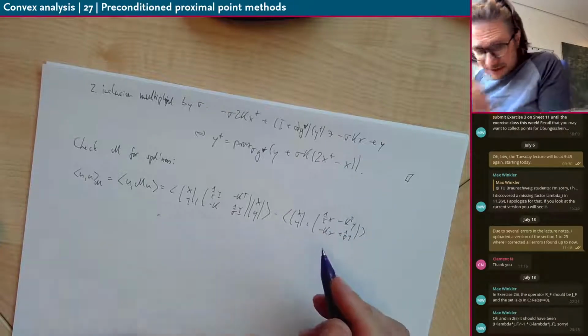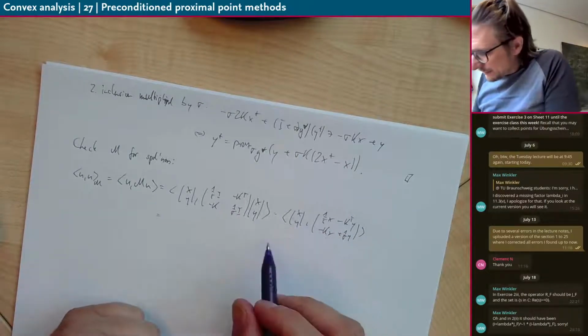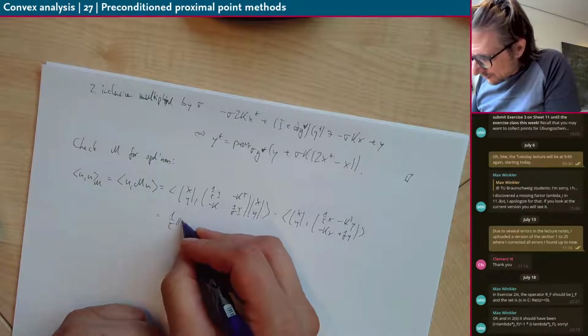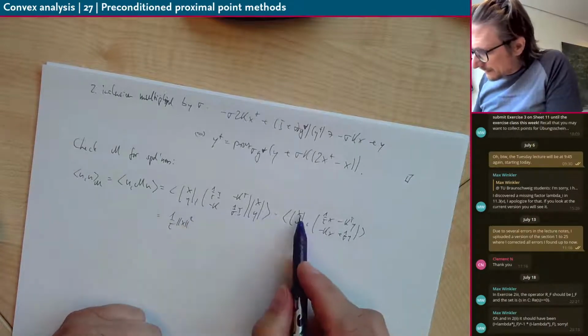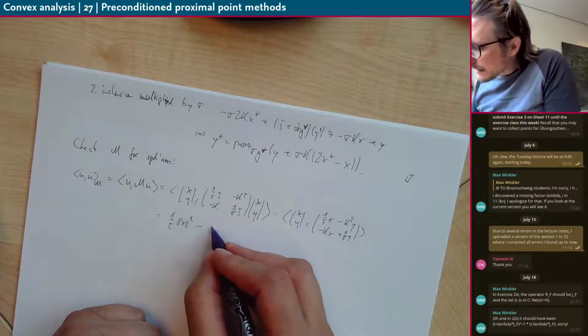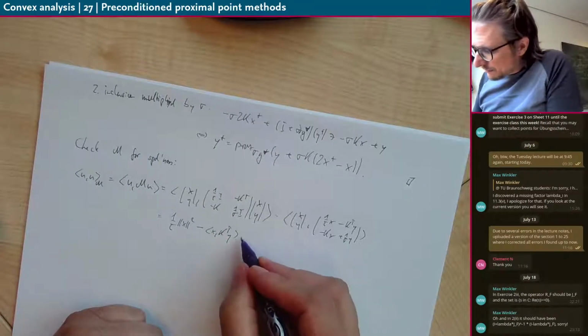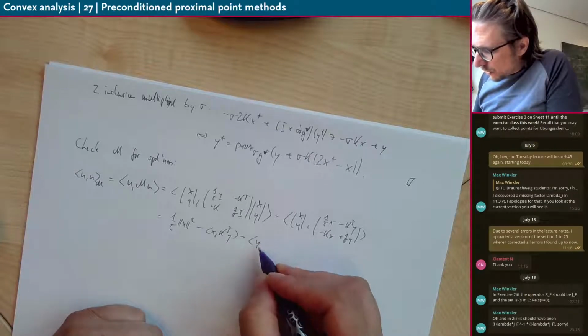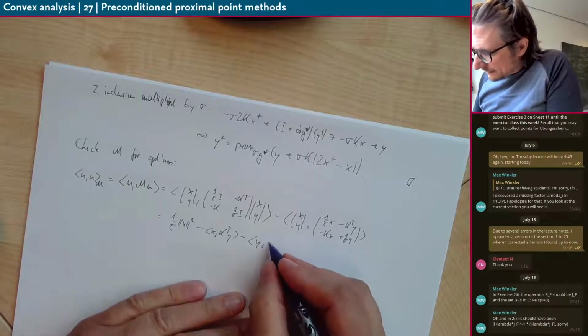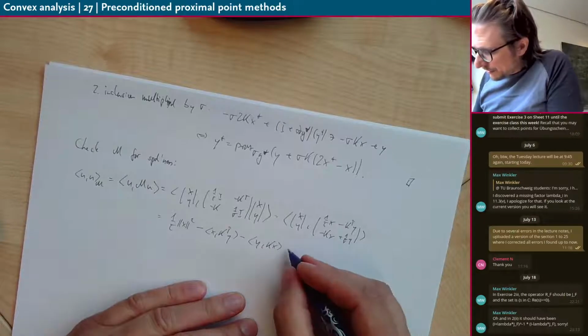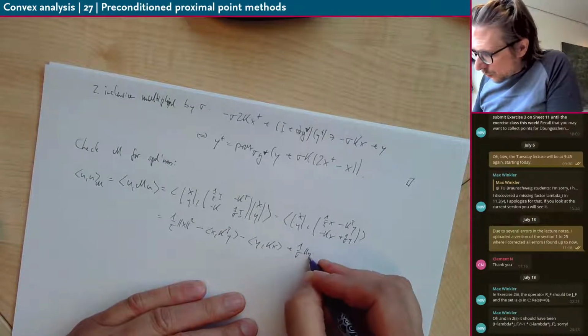And now the inner product gives us: this times this is 1 over tau times norm x squared. This times this is minus x k transpose y. This times this is minus y kx. And then we get plus 1 over sigma y squared.